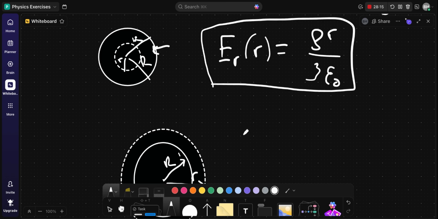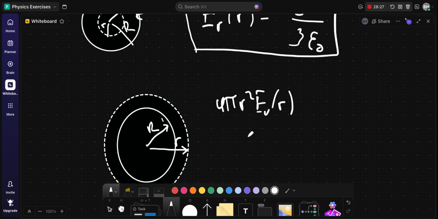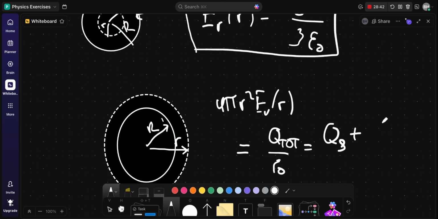In other words, if we apply Gauss's law, we will have 4 pi r squared E r on one side, and that's going to equal, well, the total charge is now included, so you could write Q total divided by epsilon 0, or as we have written up there, Q rho plus Q sigma divided by epsilon 0. There's more than one way to write this.